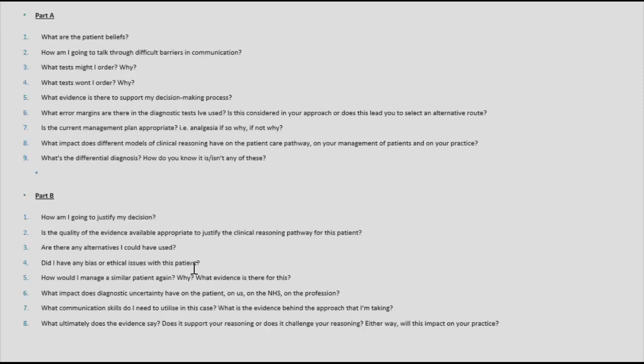Now, we do have a drop-in session available next Thursday, so the 18th, where we can discuss the written piece, and I can answer any questions that you have. And then on the Tuesday, we will practice the OSCE repeatedly through different case studies, just to make sure that you're happy with that. And then we will have a formative assessment.